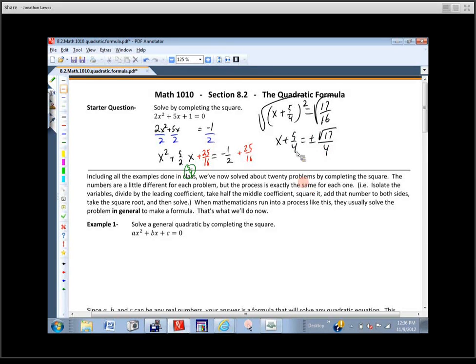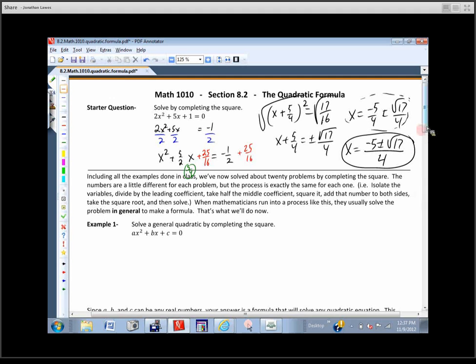So when I move this to the other side, I get negative 5/4 plus or minus radical 17 over 4. I could leave it like that. I could write it as two separate pieces, or I could write it as one single fraction, negative 5 plus or minus radical 17 over 4. And there we go. Okay?